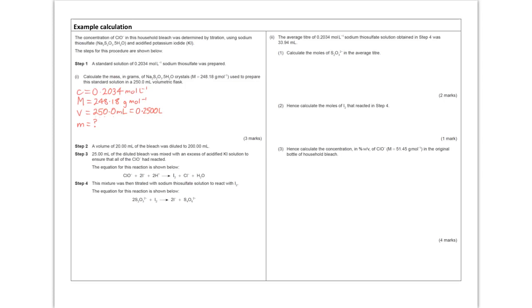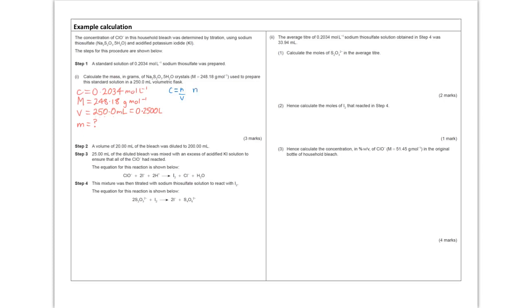So in the first step, what we need to do is actually work out the number of moles. And often in a titration, that's what's important. So to work out the number of moles, the formula we start with is concentration equals number of moles over volume.